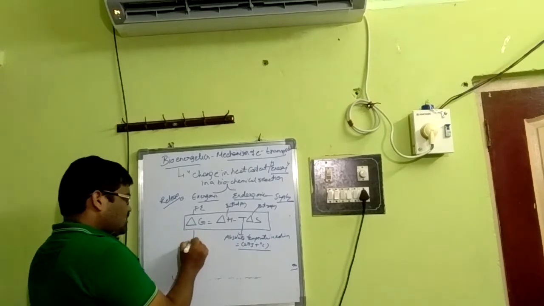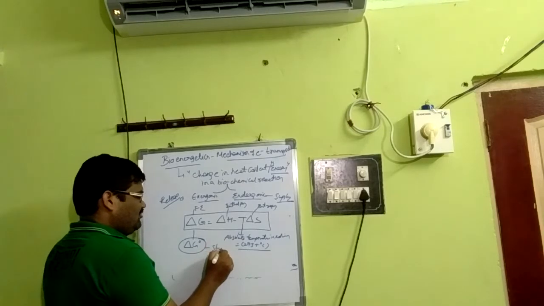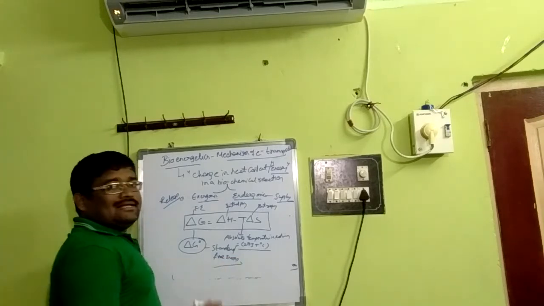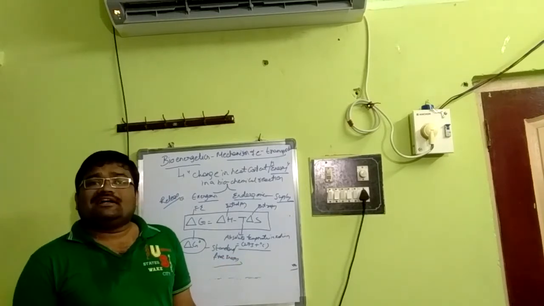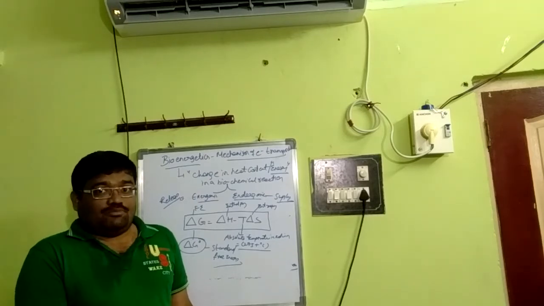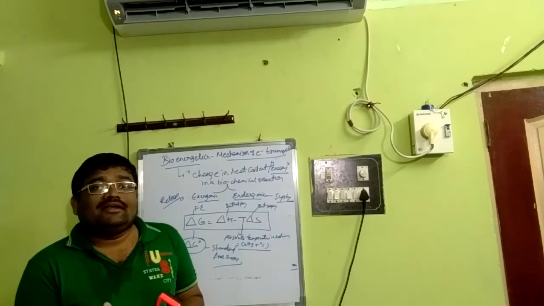And whereas delta G, this is standard free energy. There are different standard free energies for different high energy compounds. It may differ, I told you already. It depends on the kind of compound and on the reaction.